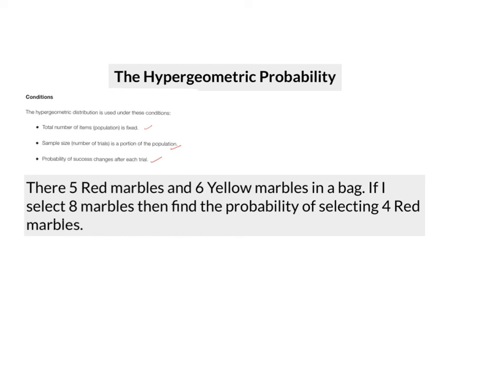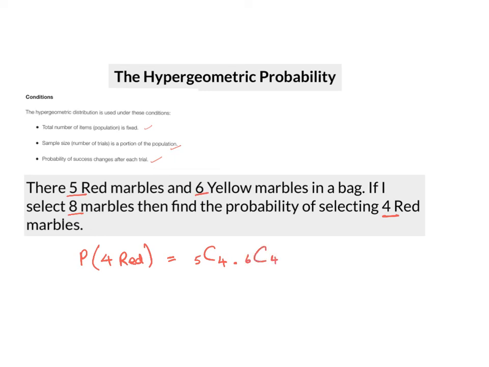5 red marbles and 6 yellow marbles in a bag. If I select 8 marbles, then find the probability of selecting 4 red marbles. So I want the probability of 4 red. And I know that for 4 red to happen, I've got 5 red altogether. That's got to be 5 choose 4. I'm selecting 8 altogether, and I know 4 are red, so therefore 4 must be yellow.